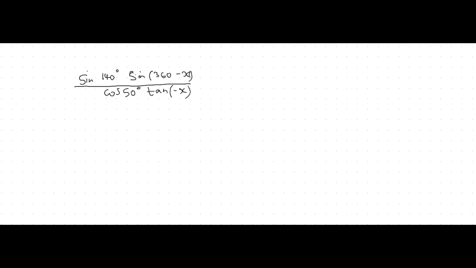The first thing that you must know is that when you have sine of a negative x, your answer will be negative sine x. When you have cos of a negative x, your answer is positive cos x.